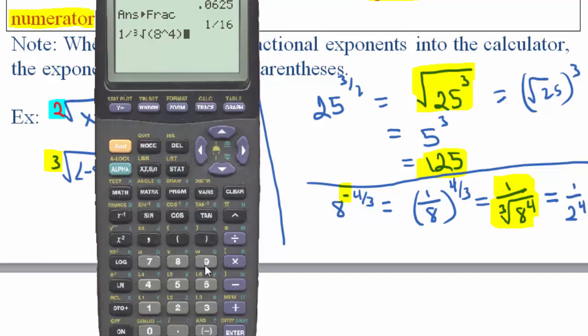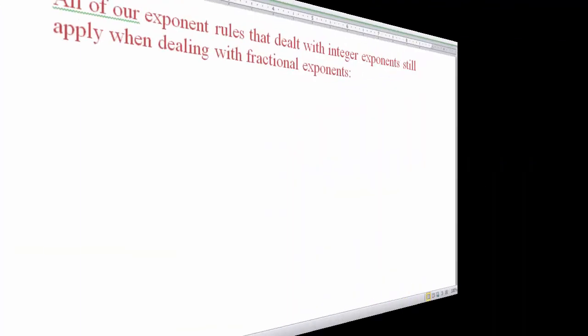Right? So I have the cube root of 8 to the 4th power, 1 over that, and that's again going to be 0.0625, which is the same thing we got for 8 to the negative 4/3, which, as we saw, was 1/16. So you can write it in either form there, and you get the same result.